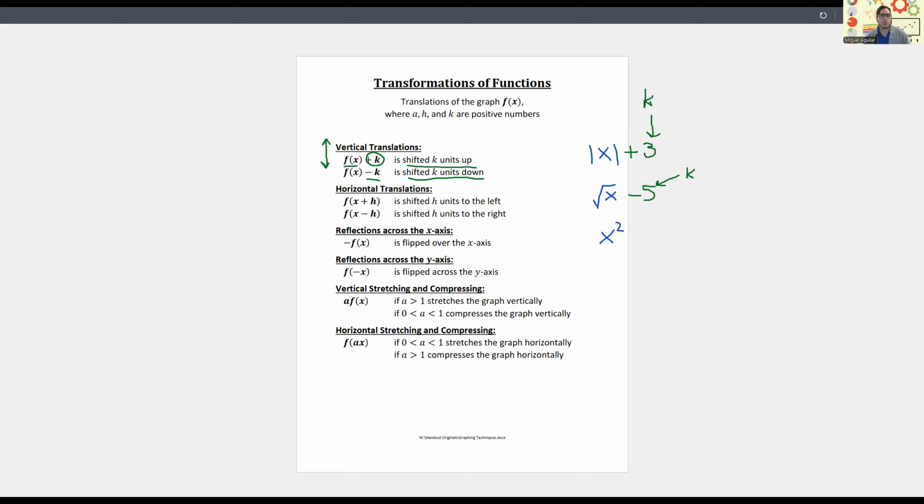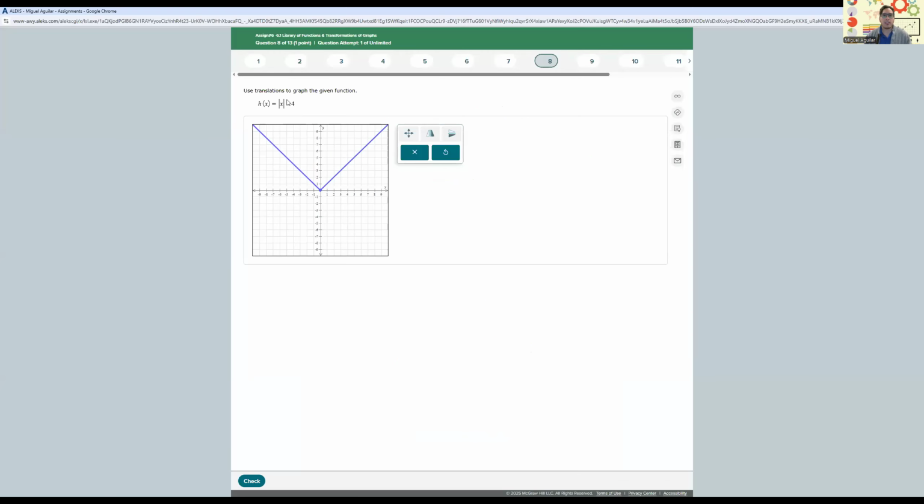Okay. So if that is making sense, then what we should be able to do is go back over to Alex and take a look at what they've given us, right? So we have h of x, that's the name of our function, is the absolute value of x minus 4. And we really just want to focus on this minus 4, okay? Because we should know that the absolute value function, based on our previous reference sheet, should be a V-shaped graph.